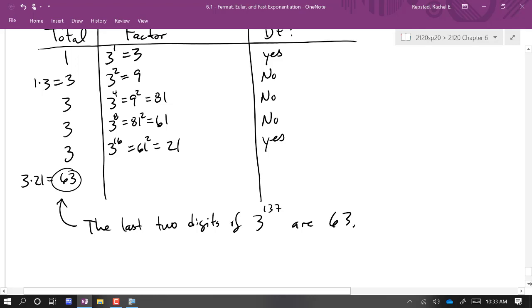One way with logs gives us a way to figure out what the first few digits are. This way with fast exponentiation and Euler's theorem can help us figure out what the last few digits are. And so I just think that's an interesting observation. In the next section, we're going to see this technique used in a type of public key encryption.